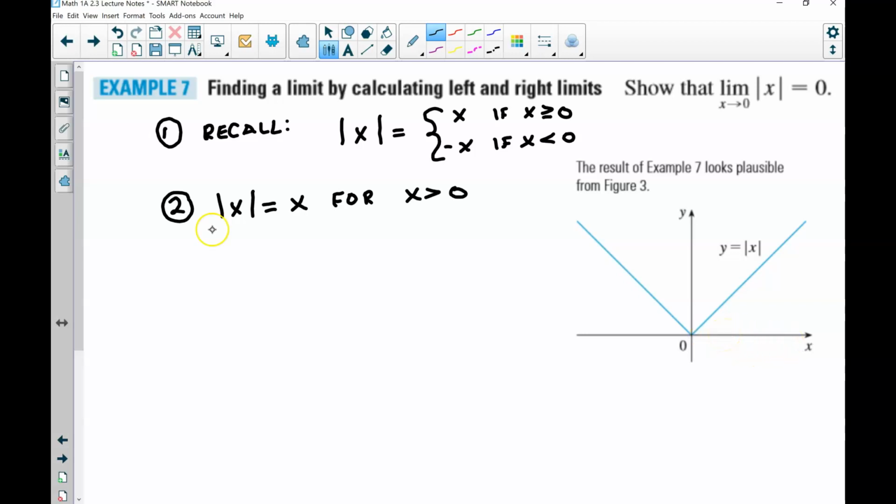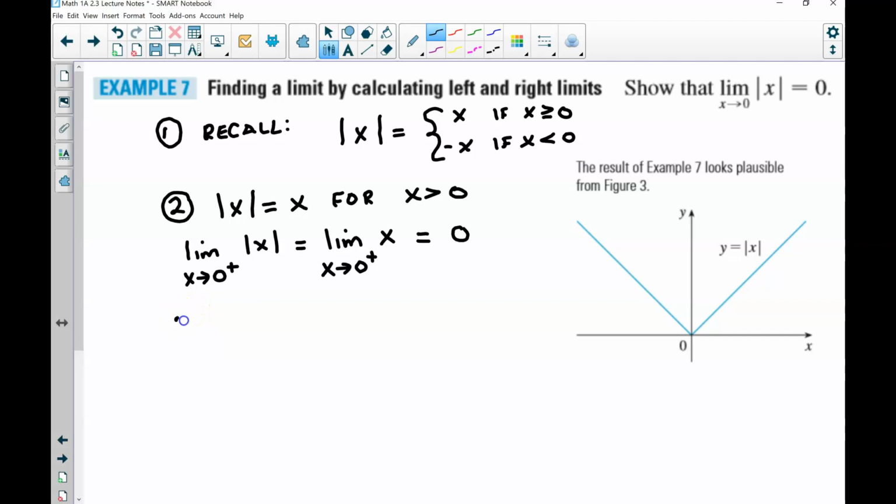We would say that the limit as x approaches 0 from the right of the absolute value of x would equal the limit as x approaches 0 from the right of x, which we can see on the graph, or if we plug it in, the answer is going to be 0.